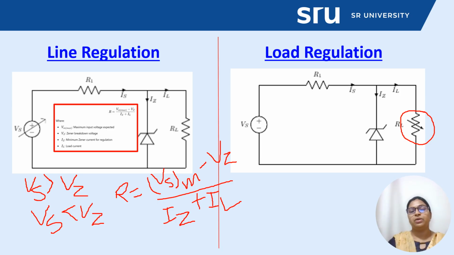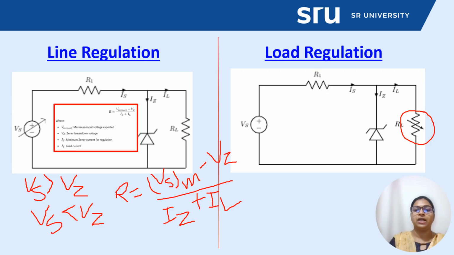So in load regulation, first there should be a reverse bias connection to maintain the constant output voltage across the load. As the load resistance RL decreases, the load current increases, and the Zener compensates by reducing its own Zener current Iz, keeping the total current constant.